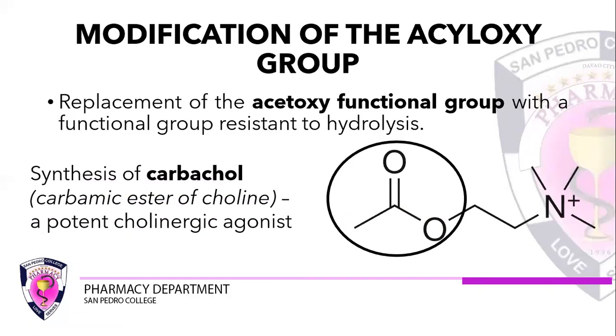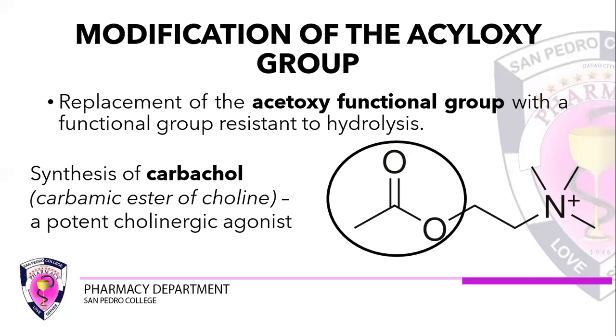So replacement of an acetoxy group with a functional group resistant to hydrolysis was the main aim in the modification of the acetoxy group. Kasi it is said daw na because of the ester functional group found in your acetylcholine, this is the group responsible kung bakit easily hydrolyzed ang acetylcholine. So therefore, if you change this acetoxy functional group with a functional group that is resistant to hydrolysis, ibig sabihin nito, you are able to formulate an oral compound.